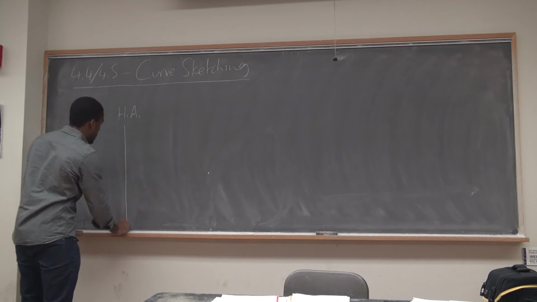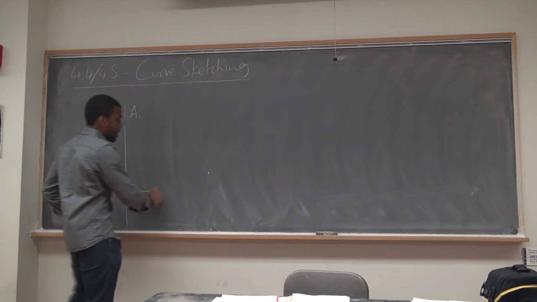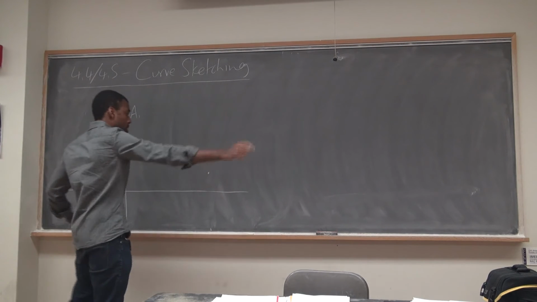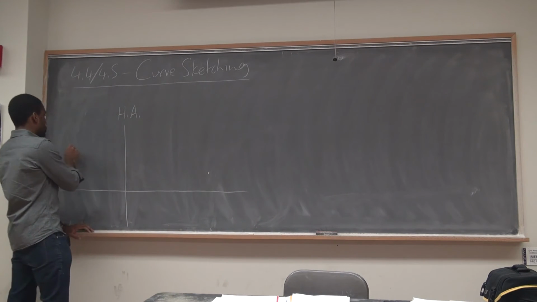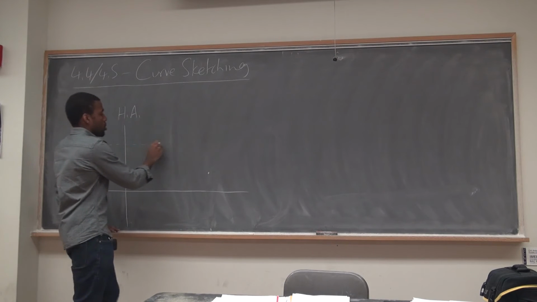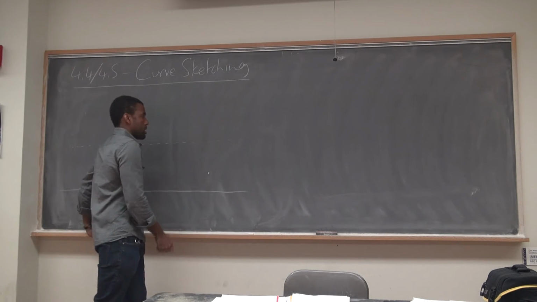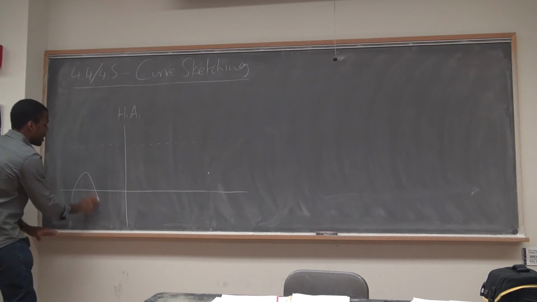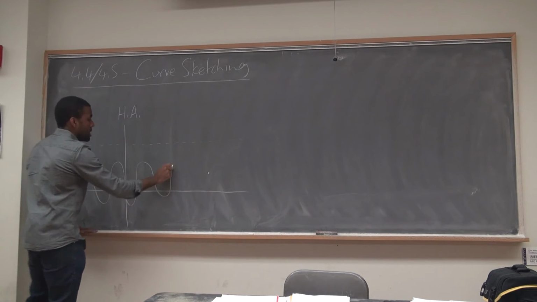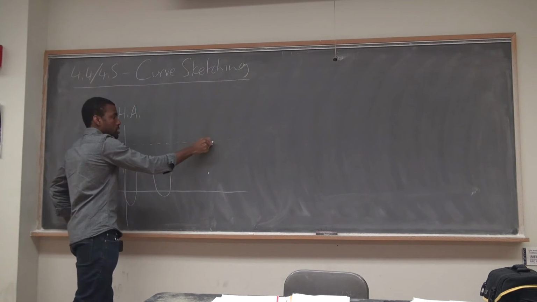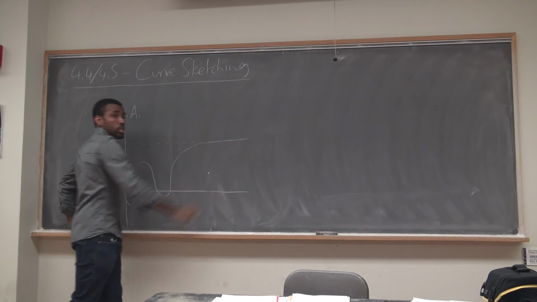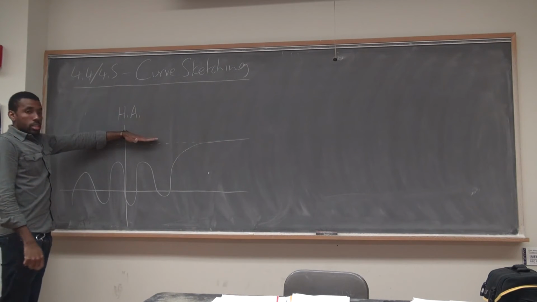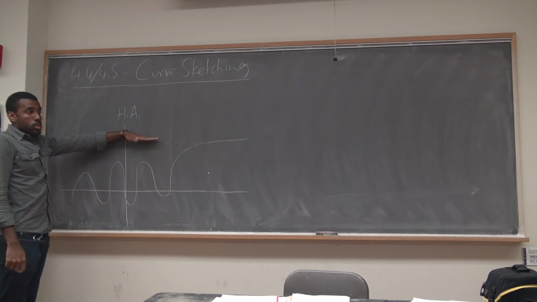A horizontal asymptote is just a line that your function tends towards as it goes off to infinity or negative infinity. So you could have some horizontal line, which we write as a broken line, and your function is doing whatever locally, but eventually as it goes off to infinity, it starts approaching that line, right? And it's a horizontal line that it does this with, it's called a horizontal asymptote.